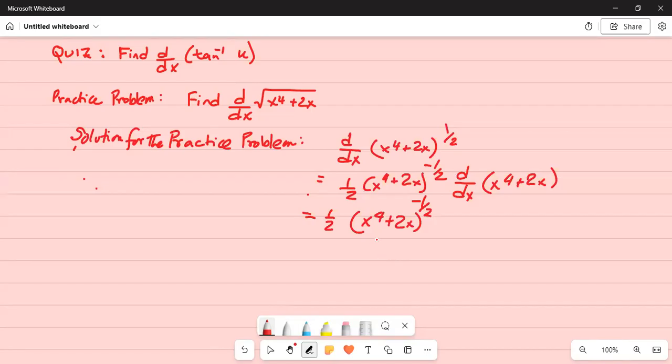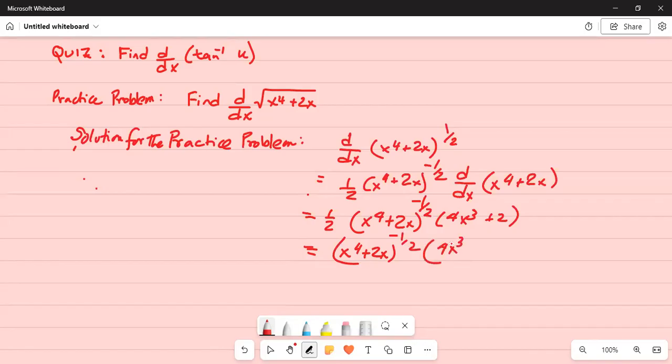Now the derivative with respect to x of the expression x^4 plus 2x is, inside parenthesis, 4x cubed plus 2. Now this can be written as (x^4 plus 2x) to the power of minus half, and then we have the half.